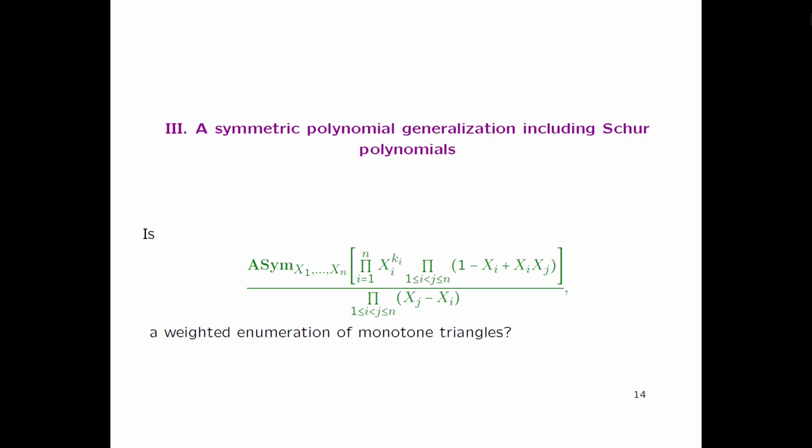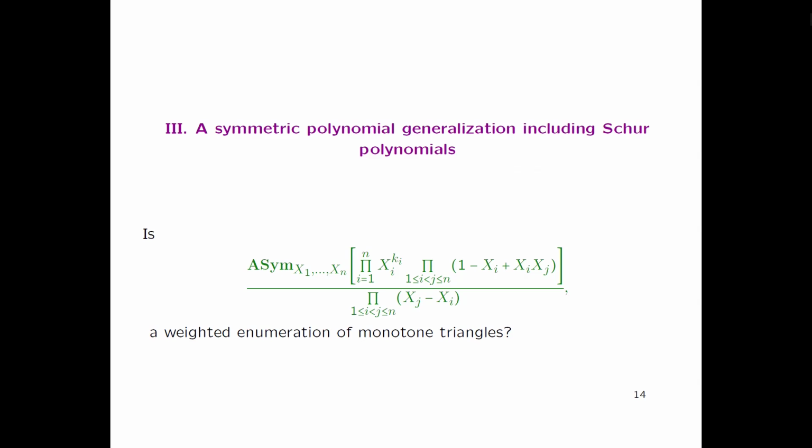Okay, so I have given you the operator formula, I've done the reciprocity. So now I want to move to the symmetric polynomial generalization. And actually the idea is very simple. So what you see here, this antisymmetrizer, this has so many variables in it. So why not make use of these variables?